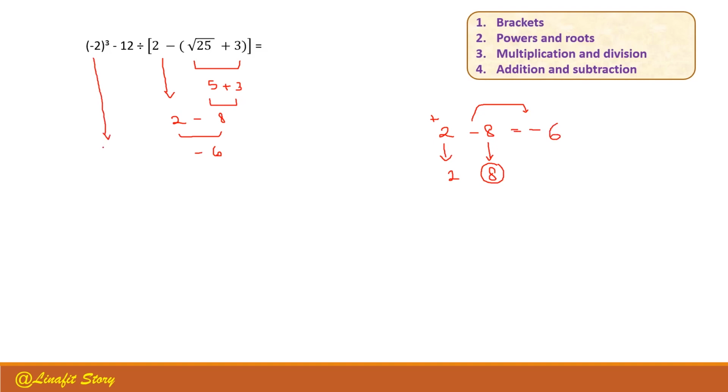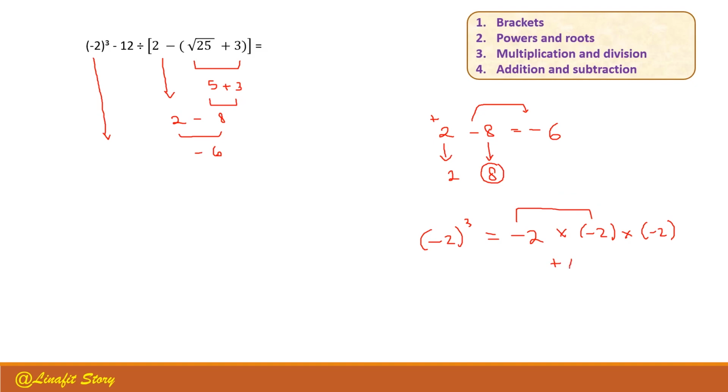negative 2 cubed. Negative 2 cubed means negative 2 times negative 2 times negative 2. Negative 2 times negative 2. You meet your friend. Why? Because the same sign.